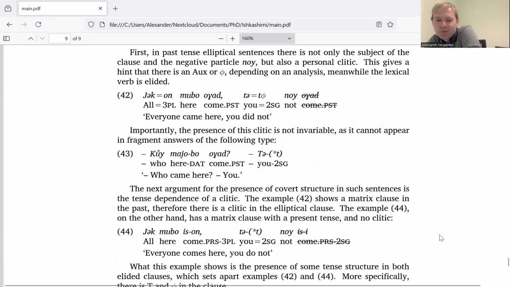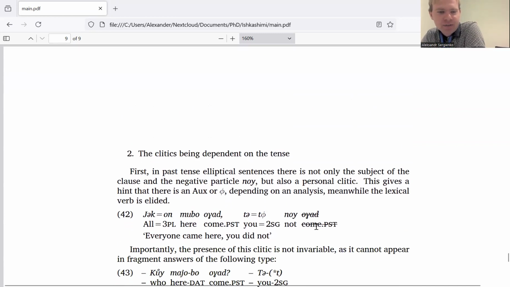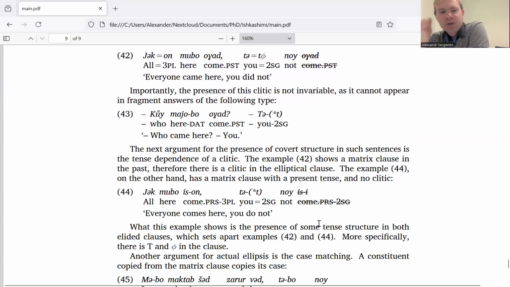The example 42 shows a matrix clause in the past, right? As you remember, everyone came here, you did not. But the example 44, on the other hand, has a matrix clause with the present tense and no clitic. So you have here, everyone comes here, you do not.